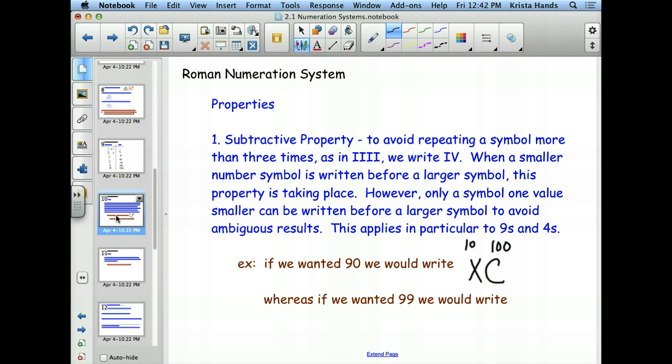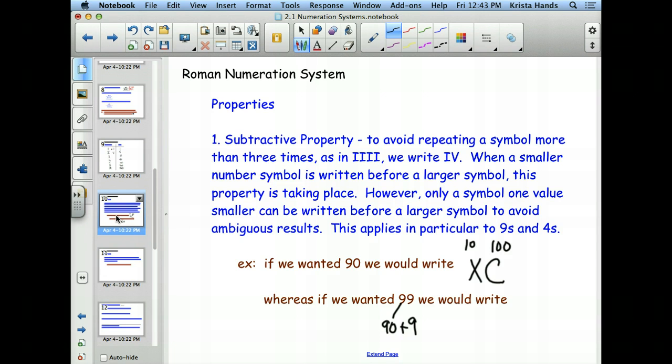But what you can't do is you can't just put that for every feature. Like 99, I would love it if I could write IC. But they don't do that. They do not write I and then C. They're treating the 99 as though this is 90 plus 9. Okay, so they're treating it positionally. That first 9 is worth 90.